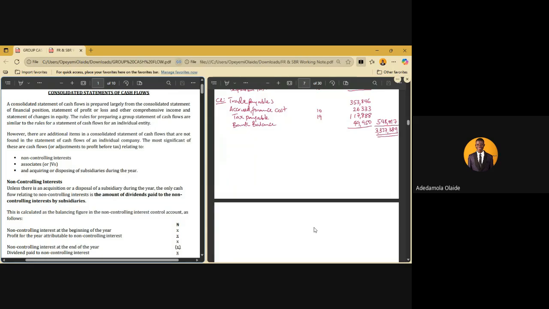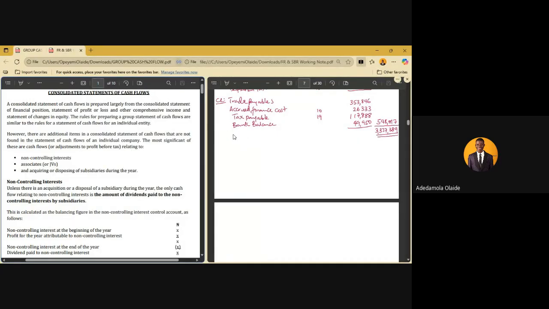That being said, before we can prepare group cash flow, we must have prepared the consolidated statement of profit or loss and the consolidated statement of financial position. And this way, consolidating the cash flow becomes very easy.